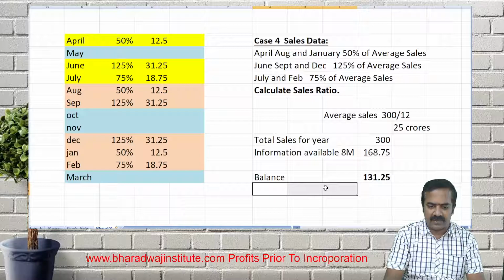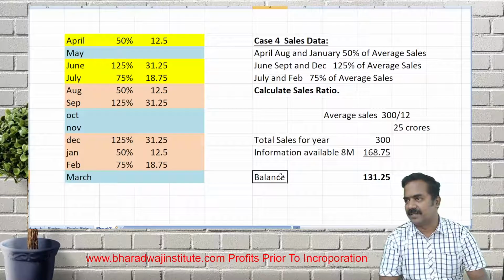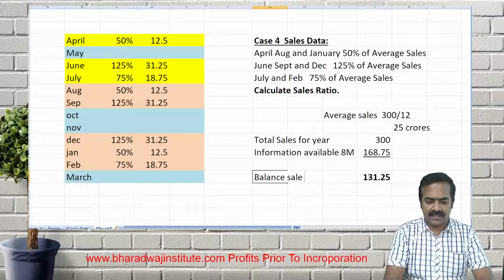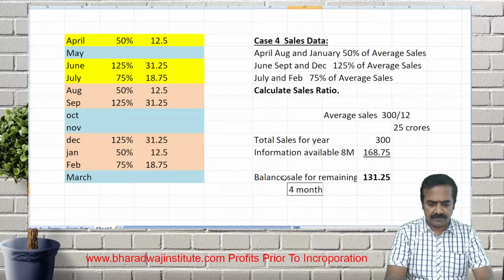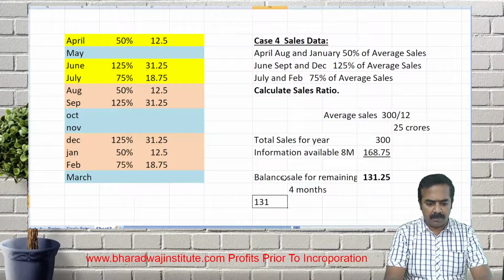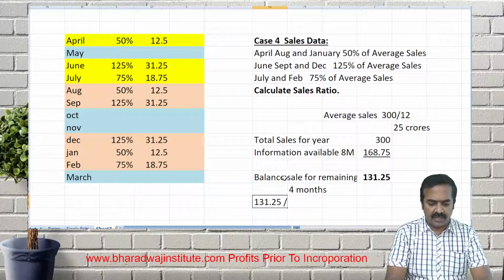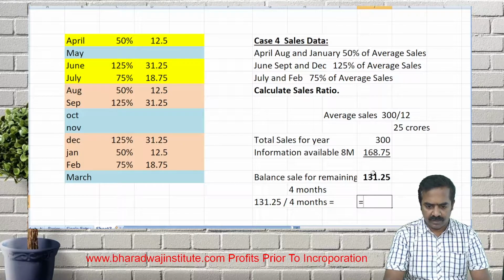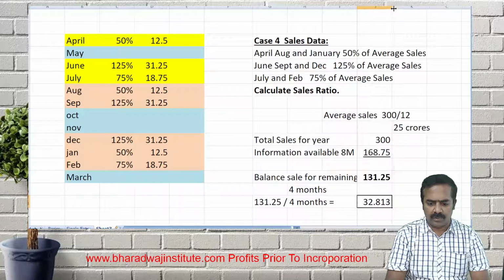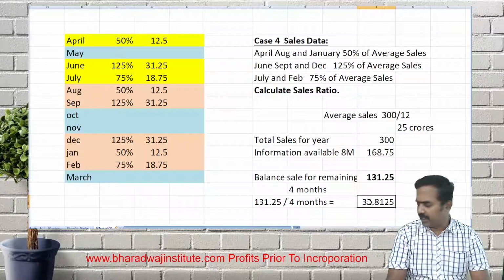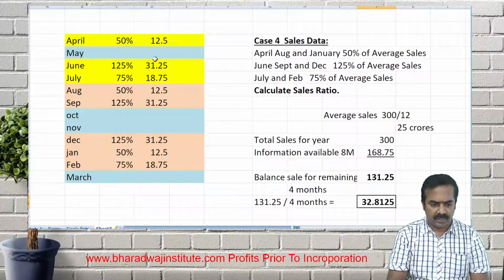So the balance sales will be equally apportioned for the months without information. 131.25 crores divided by 4 months gives 32.8125.